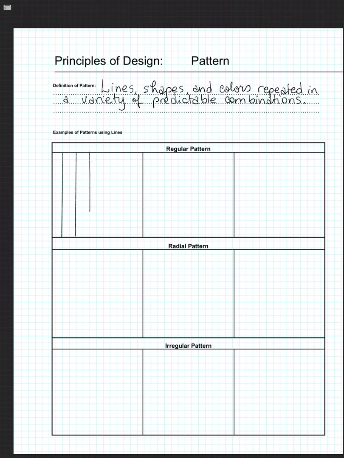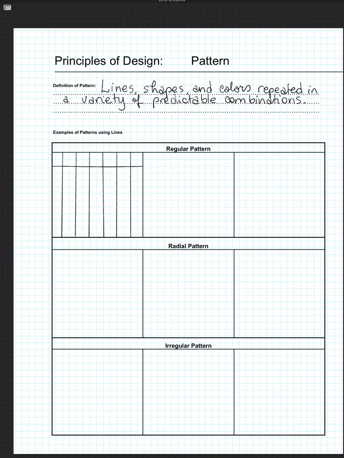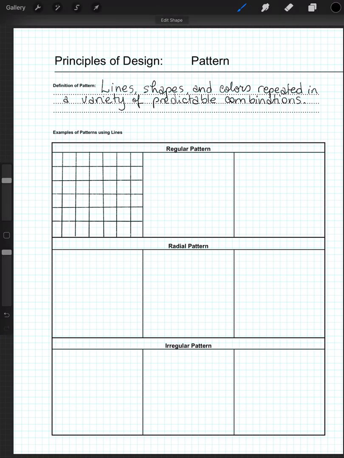One of the easiest patterns that you can possibly make is a checkerboard pattern, a striped pattern, anything that repeats in a very predictable way. So I'm going to make a checkerboard pattern here that sort of resembles the grid that I have.